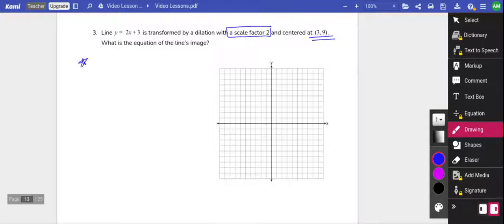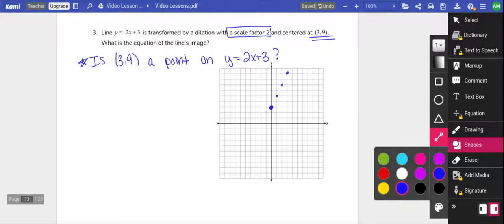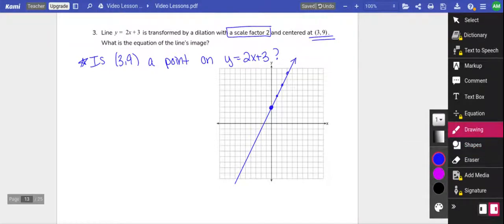So I'm going to ask myself, is (3, 9) a point on y equals 2x plus 3? And I can do that actually three different ways. One way would be to graph it and to see. So if I were to graph it, I would plot my y-intercept, plot my points, connect them, and see if it is a point on the line.